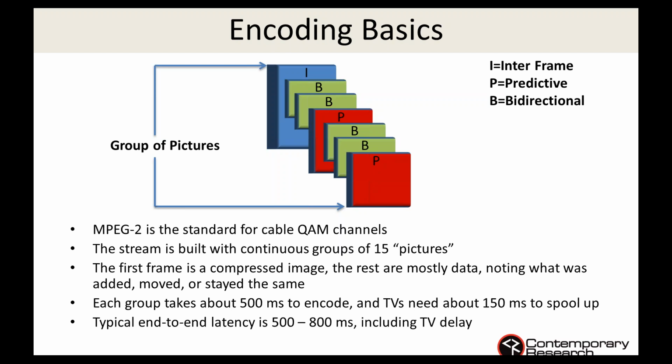Just like on your phone, you can watch a video on your phone. It's carried very much the same way. The little antenna out there is RF, and it's sending video as data. You pick it up on your cell phone, you can see it on your cell phone. Same concept. But we use MPEG 2 for cable QAM channels, and it looks like it's going to stay.